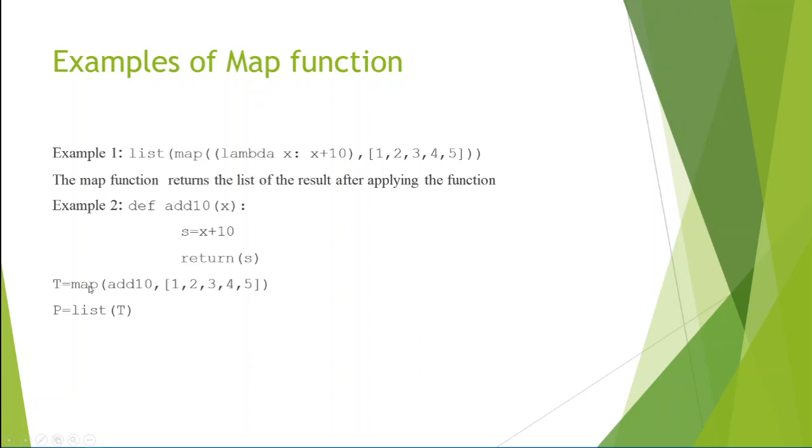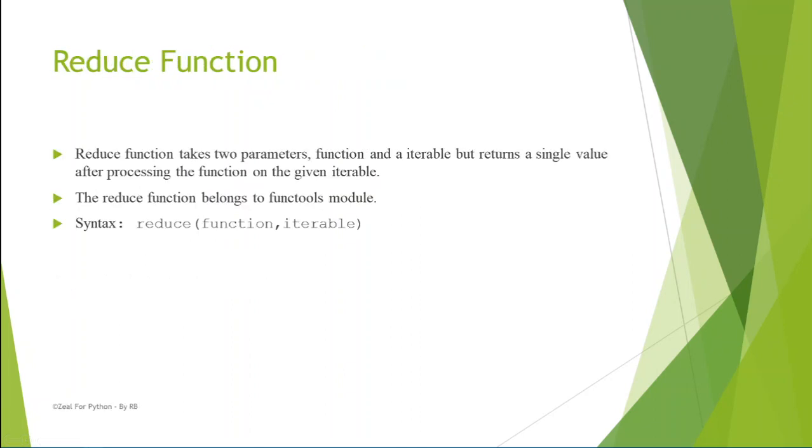Then that function add10 is passed as a parameter to map along with an iterator. Whenever Python encounters add10, it will call the add function, take the elements of the list as arguments, and return the sums in the form of a list. I hope it is clear.